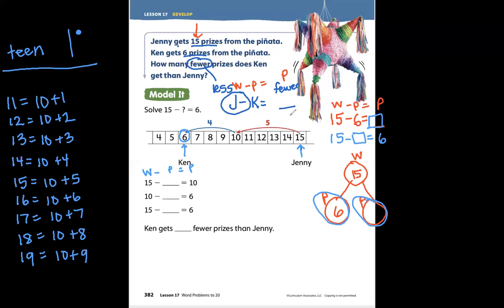So writing our numbers in expanded form and understanding our teen numbers can really help us as well.